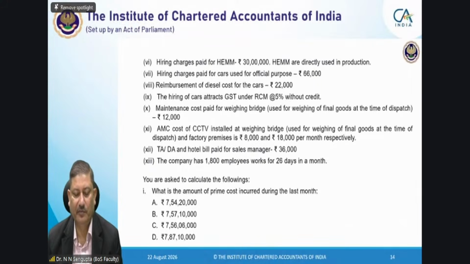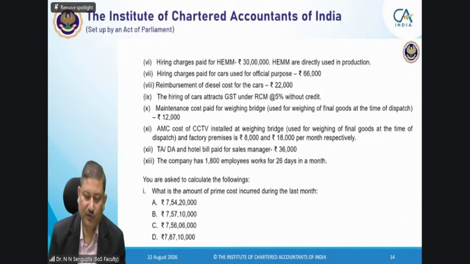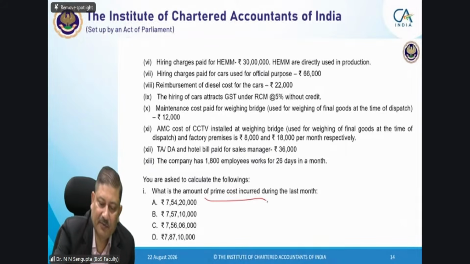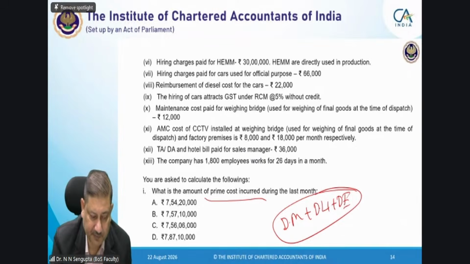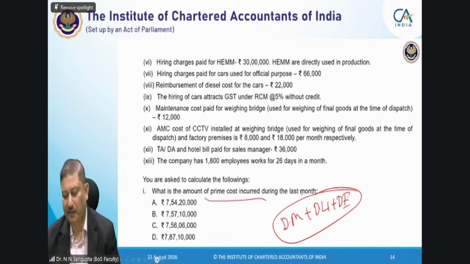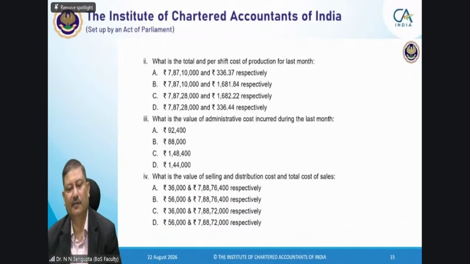What is the amount of the prime cost incurred during the last month? That's the first question. So you need to calculate the prime cost, which is direct material plus direct labor plus direct expenses. Then the second part is the total and per shift cost of production of the last month.